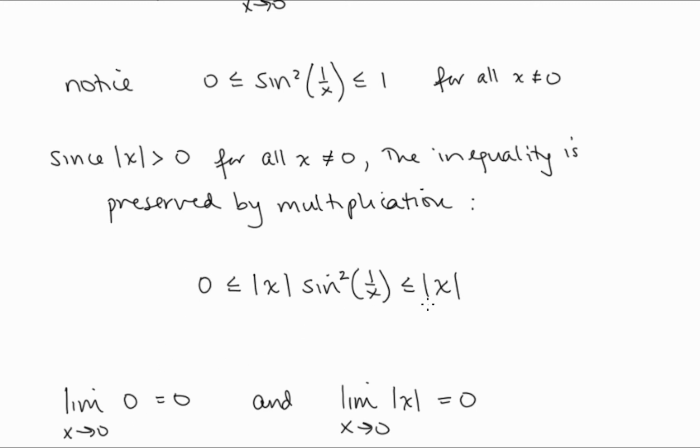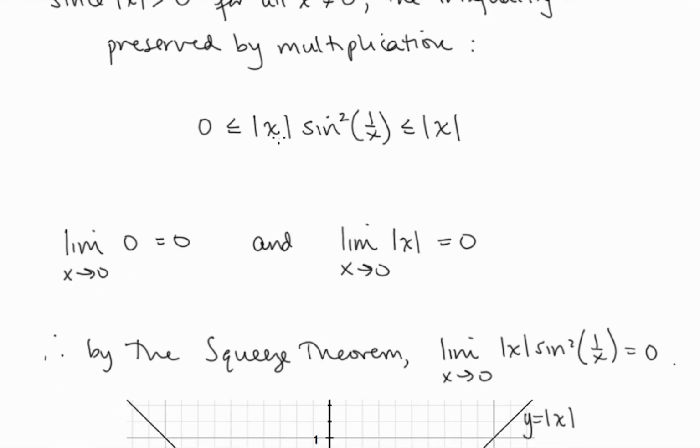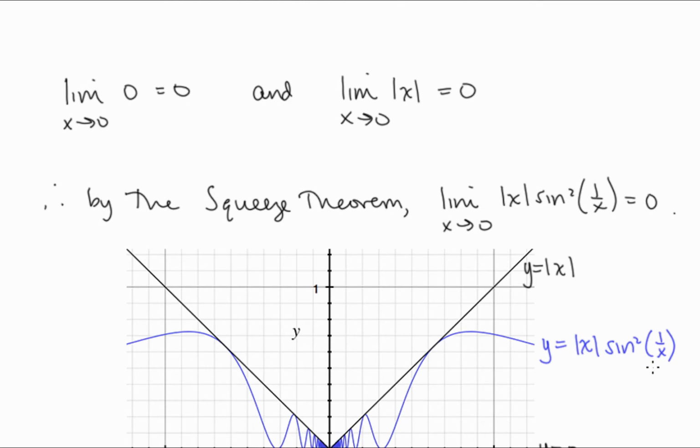And the limit as x goes to 0 of absolute x is also going to be equal to 0. That says the limit of absolute x sine squared 1 over x as x goes to 0 must also be 0.